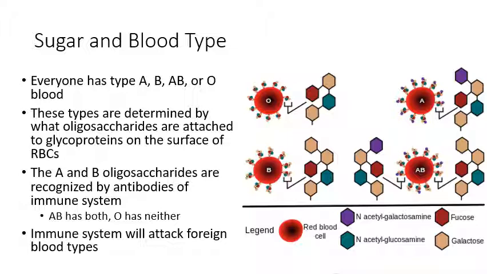It's going to learn that that's the oligosaccharide that is found on the surface of my red blood cells. So then if you got a transfusion from a person who has type A blood, then your immune system is going to notice the new oligosaccharide on the cells of that new blood. It's going to notice that A oligosaccharide, and it's going to know that it doesn't belong to you, and it's going to attack those new cells.